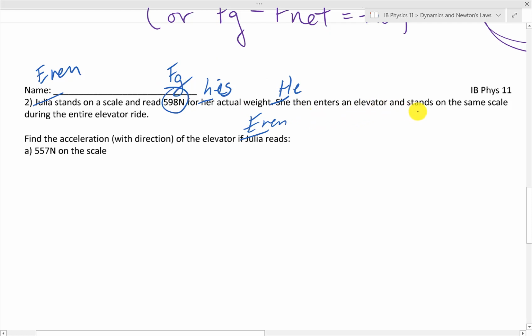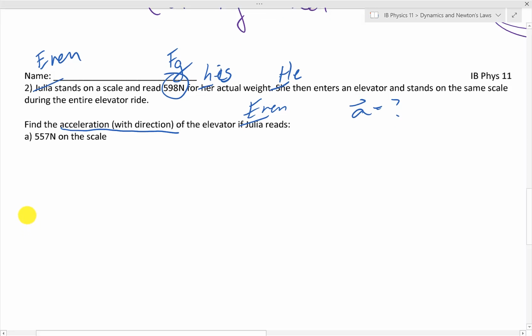He then enters an elevator and stands on the same scale during the entire elevator ride. We want to find the acceleration with direction of the elevator if Eren reads the following on the scale. Okay, so in these questions, we are trying to find acceleration, which is kind of the opposite of the last question. So let's start off with question A.